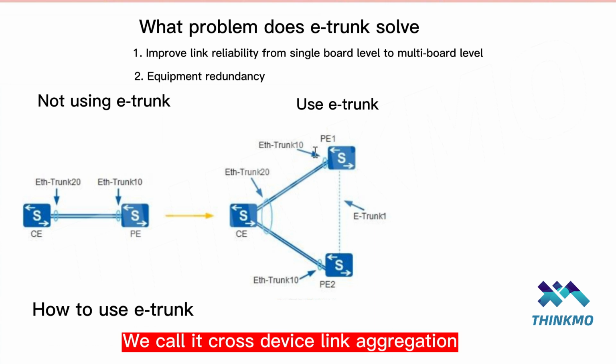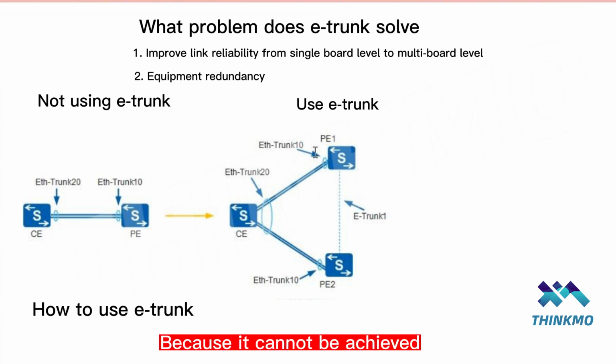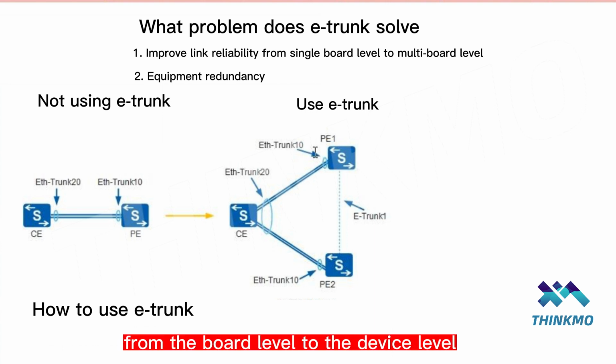We call it cross-device link aggregation. But strictly speaking, this is not rigorous, because it cannot achieve two devices working at the same time. So E-trunk solves link reliability from the board level to the device level.